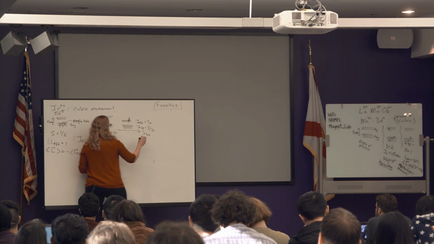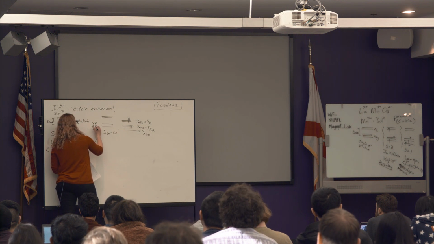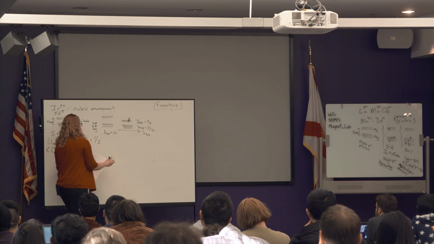These T2Gs are your XZ, your YZ, and your XY d orbitals.